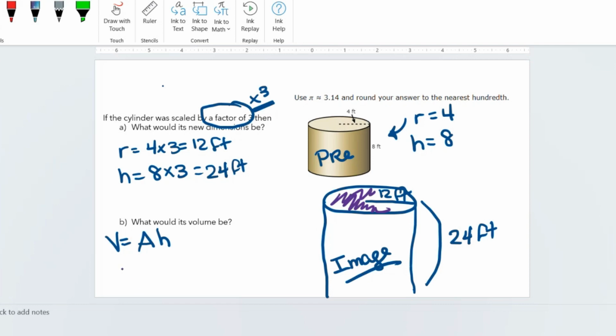I would do area equals pi r squared. So my volume would be area, pi is approximately 3.14, times the radius, 12 squared, times the height.